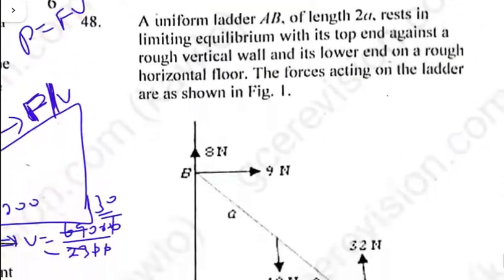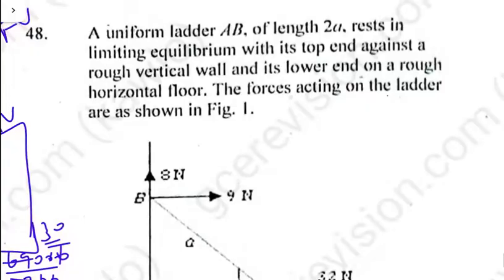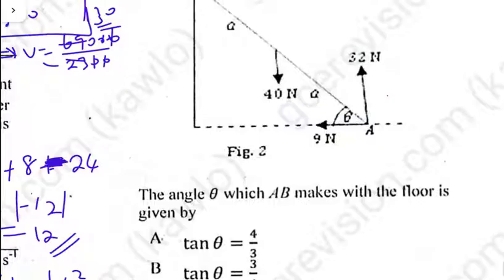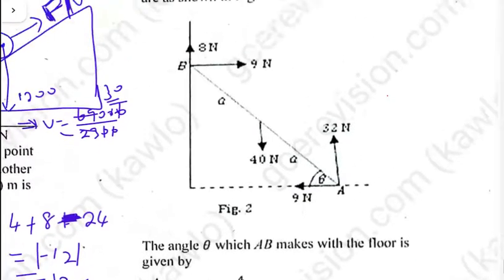Okay, question 48. A uniform ladder AB of length 2a rests in limiting equilibrium with its top end against a rough vertical wall and its lower end on a rough horizontal floor. The forces acting on the ladder are as shown. The angle theta AB makes with the floor is given by.